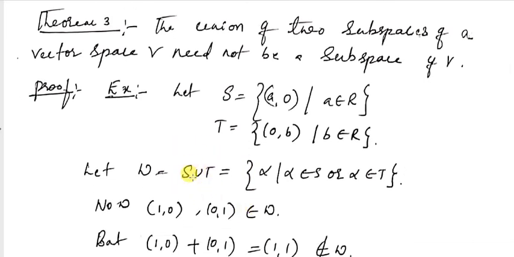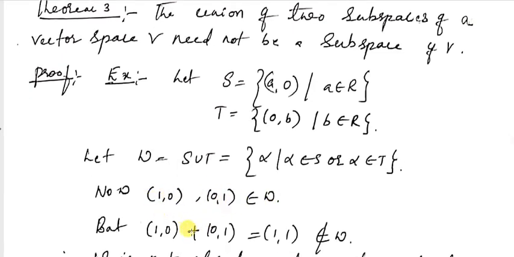Now I will take two elements in W. The elements of S are of the form (a, 0) and the elements of T are of the form (0, b). So I am considering two elements in their union, say alpha 1 equal to (1, 0) and alpha 2 equal to (0, 1), both belonging to W. What will be their sum?